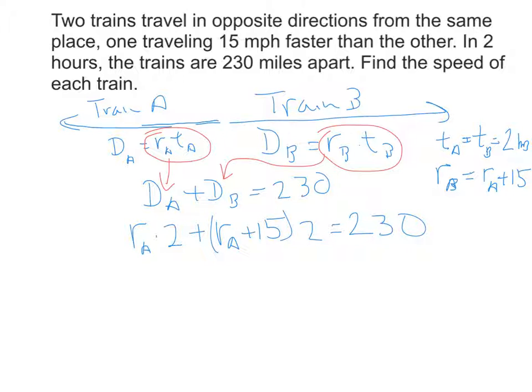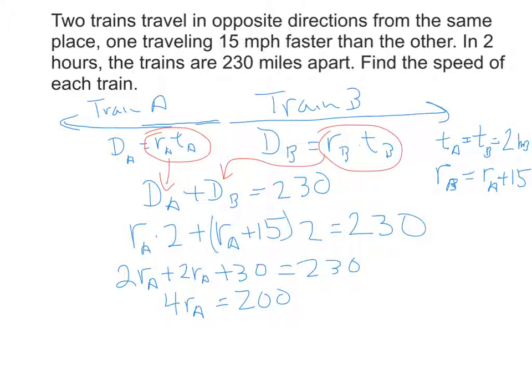What we now have is one equation with only one variable. If we rewrite this cleanly and distribute, we should get 2R sub A plus 2R sub A plus 30 equals 230 miles. We subtract 30 from each side and collect our R sub A's. We're going to get 4R sub A equals 200.